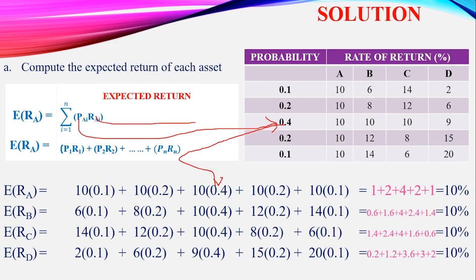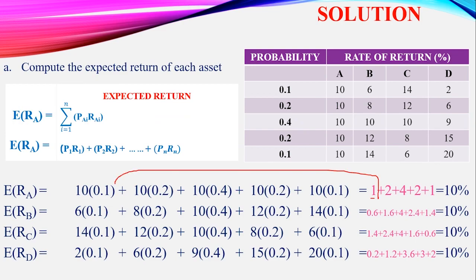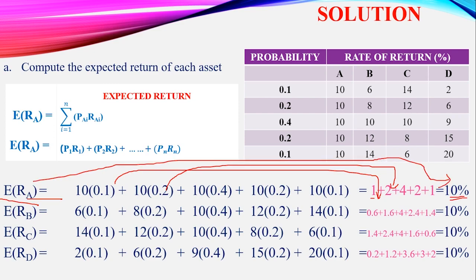Then the RAI is what? Is 10. You multiply there. You continue like that until you get the last level here. When you multiply it out, 10 by 0.1, you get that. Then 10 multiplied by 0.2, you get that. You add that, you get 10%. So the expected return of A will be 10%.